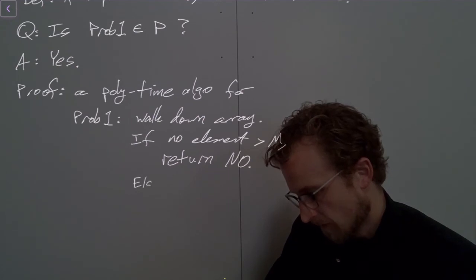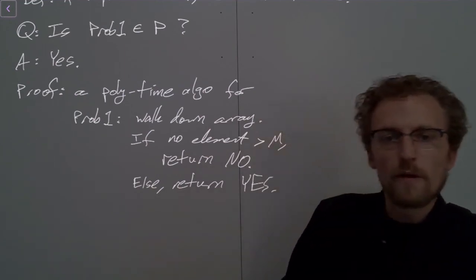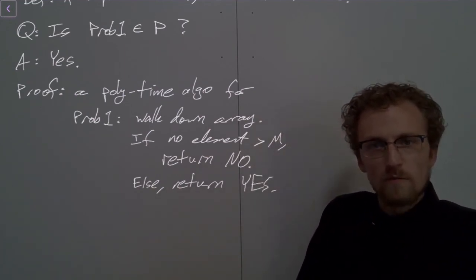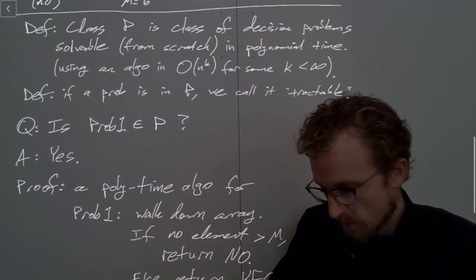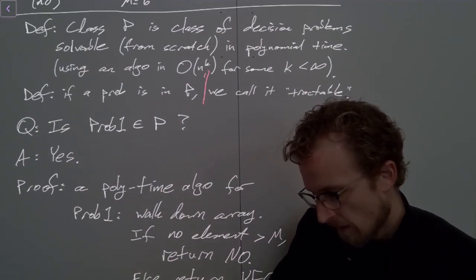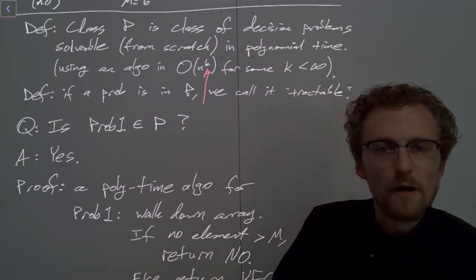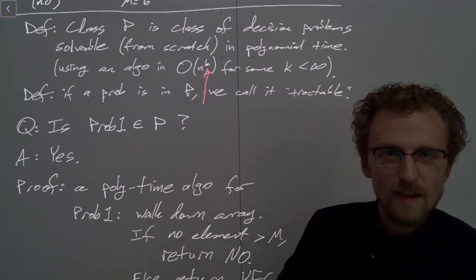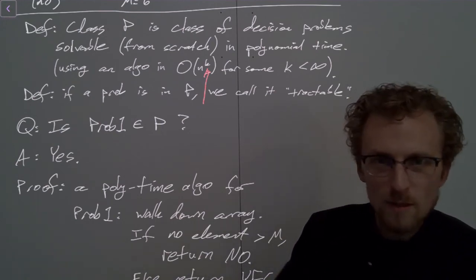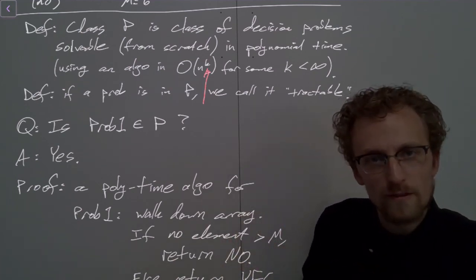Else, return yes. There we go, a polynomial time algorithm for this problem. The degree of this polynomial is 1. This is a linear time algorithm. If you double the array length, it could take up to twice as long to be certain about the answer to the problem.